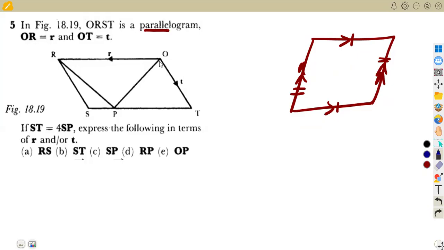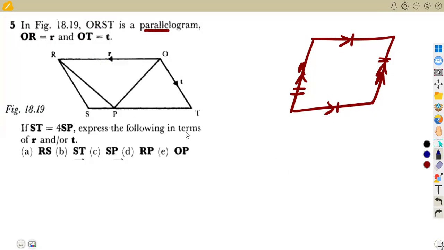So meaning to say, if I am given the vector OR like this, I'm also given the vector TS, the direction also. Take note where the arrow is facing. Do not say because here it's R, there you just write R. No. It's not just an R that you're writing. The direction also.